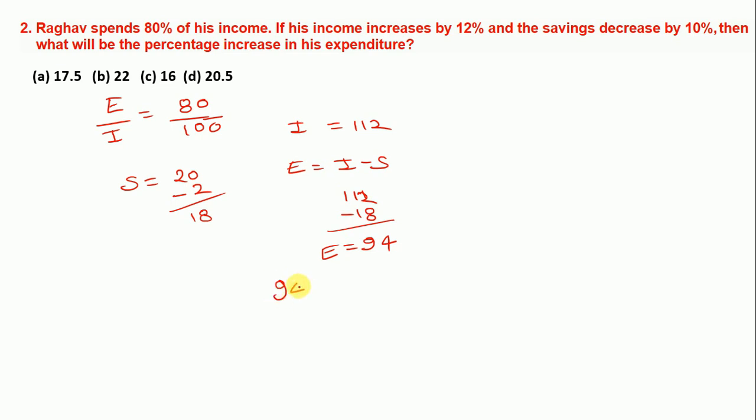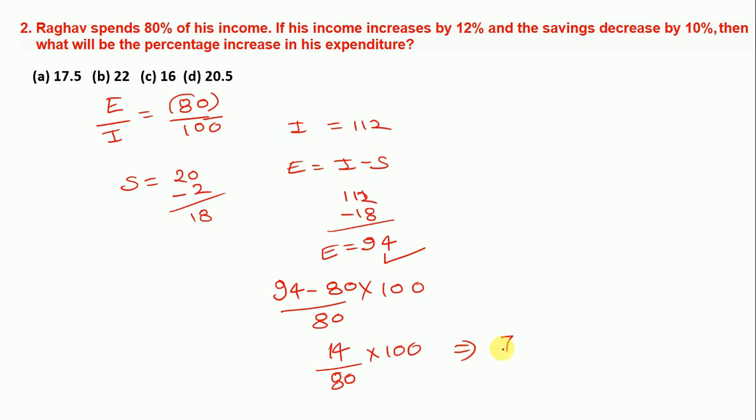So the percentage increase is 94 minus 80 divided by 80, because initially his expenditure was 80 and now expenditure is 94, and multiply by 100. It will be our final result. So it is equal to 14 by 80 into 100. It will be equal to 7 by 40 into 100.